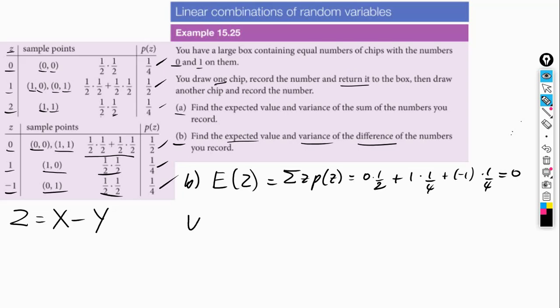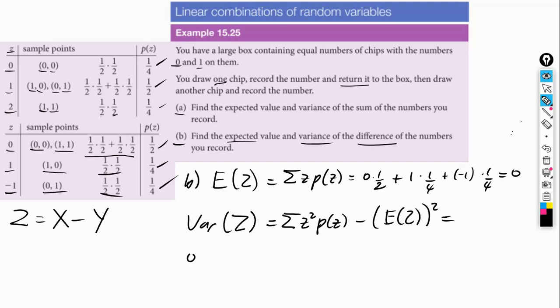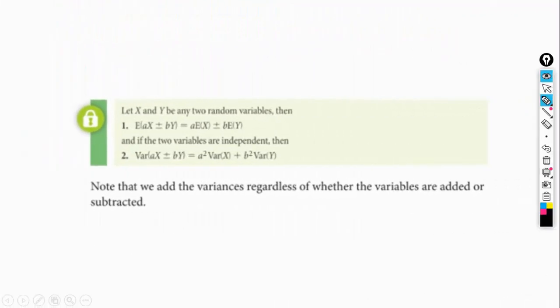And for the variance, and this equals 1/2. In the next slide, you're going to find a very important property of expectation algebra.